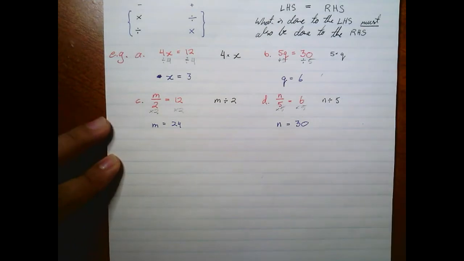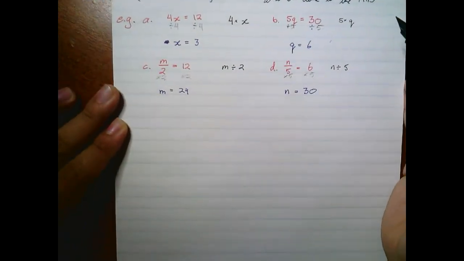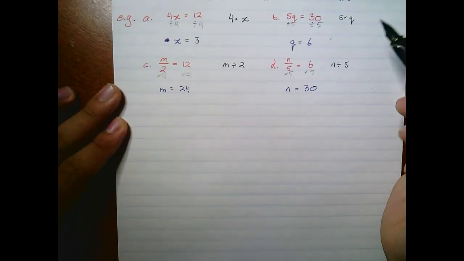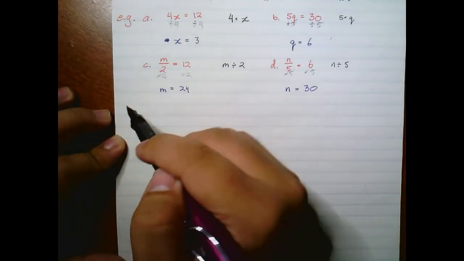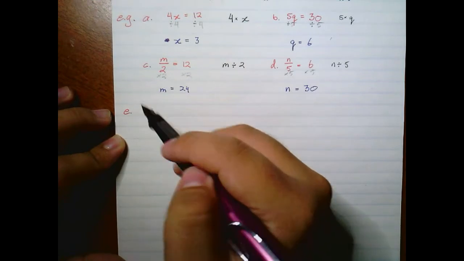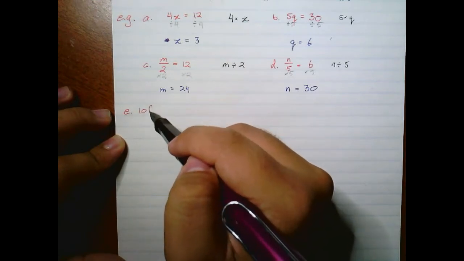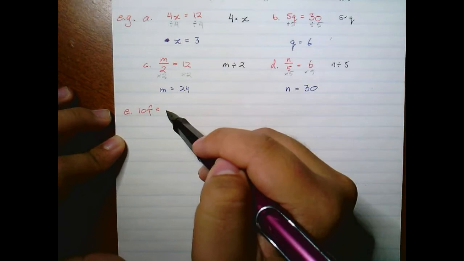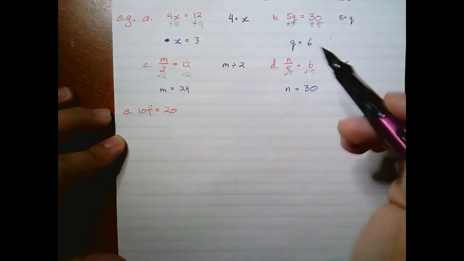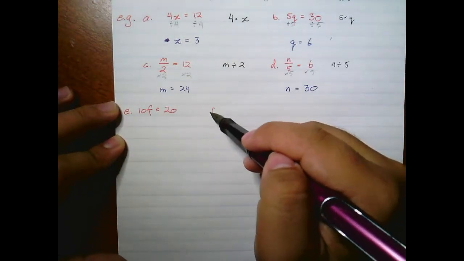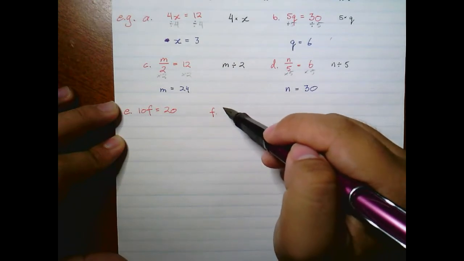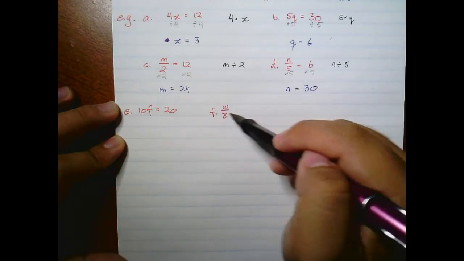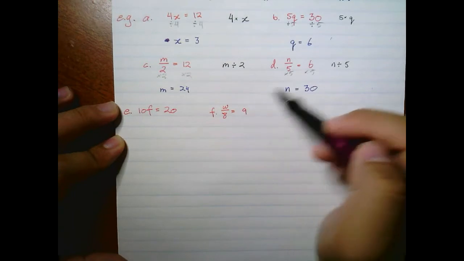Okay, now I'm just going to write a few questions for you to give a go. By the time I finish, I'm going to answer them, and I want you to give them a go. Question E is 10f is equal to 20. Question F is w over 8 is equal to 9.